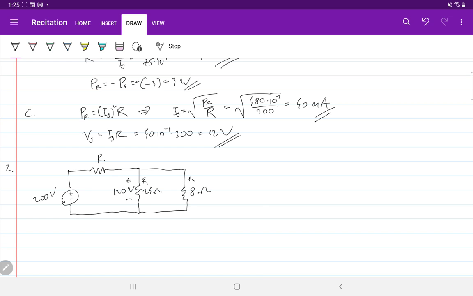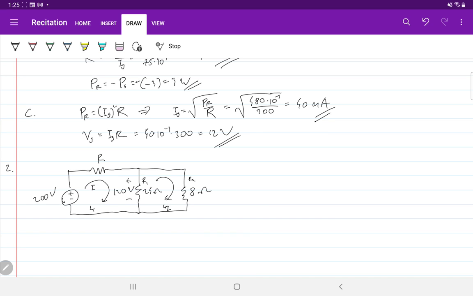For this type of problem, I prefer to use KVL first. So let's draw a loop here and another loop there, and let's call them L1, which is loop 1, and L2, loop 2.